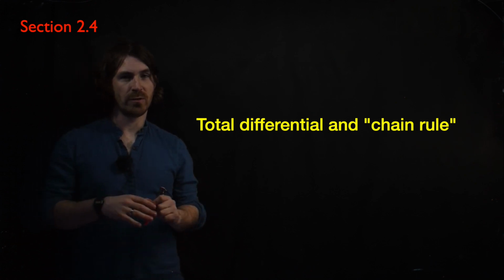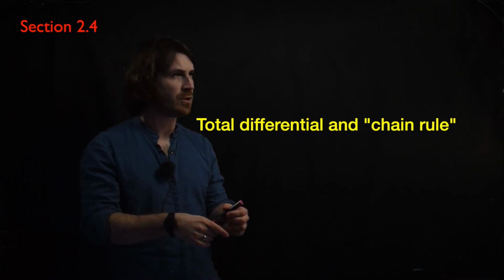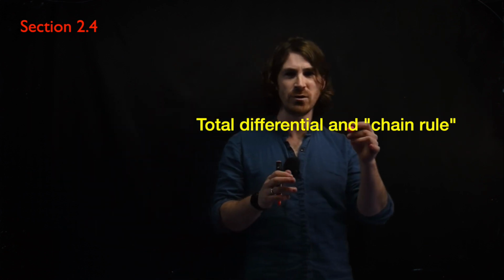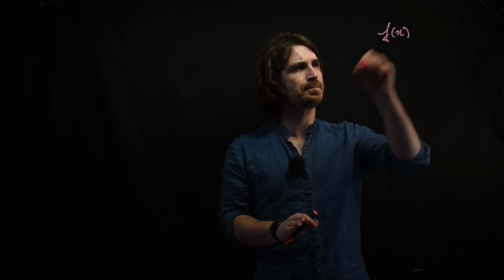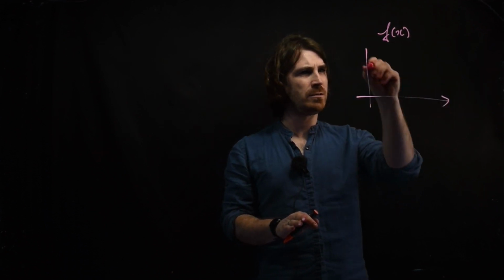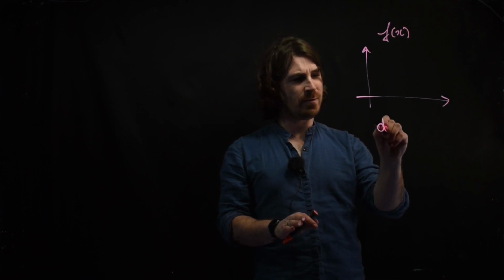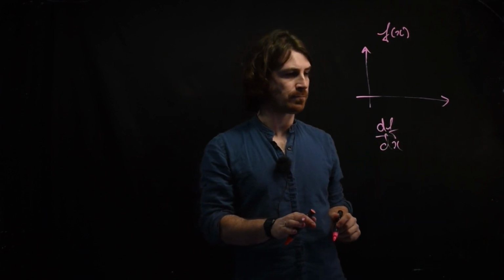Okay, so now we're going to look at the total differential. And we're going to start by thinking about just a function of a single variable f of x. Okay, we think about what df by dx represents.